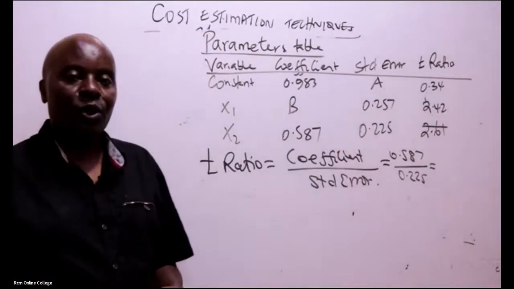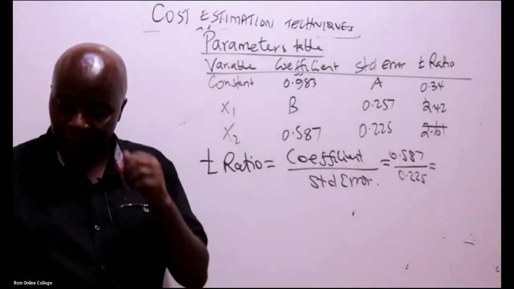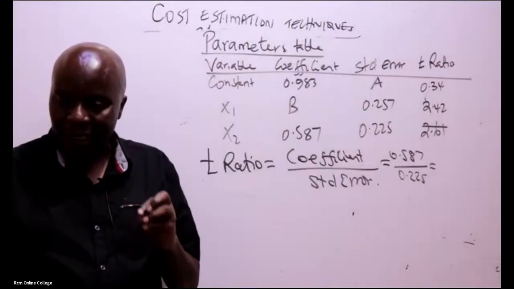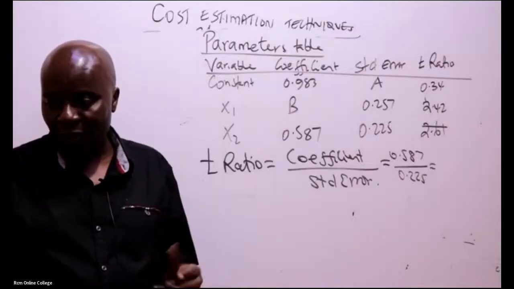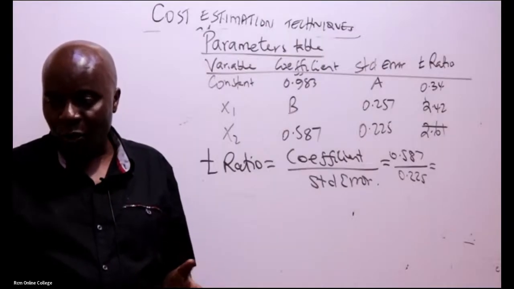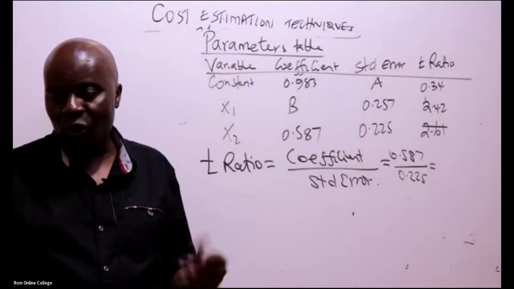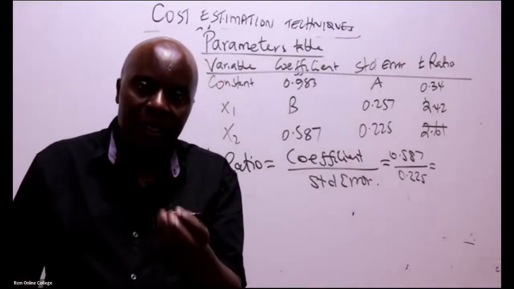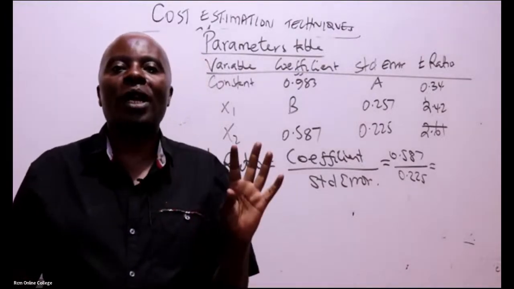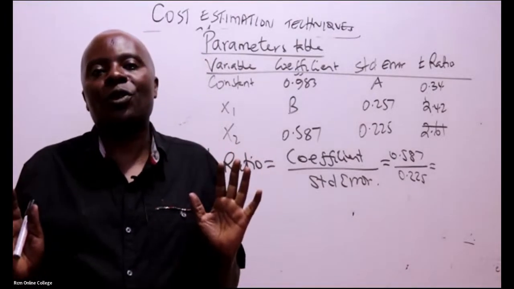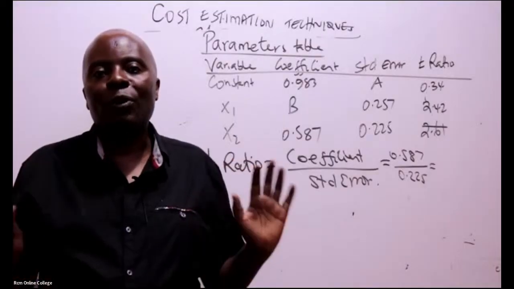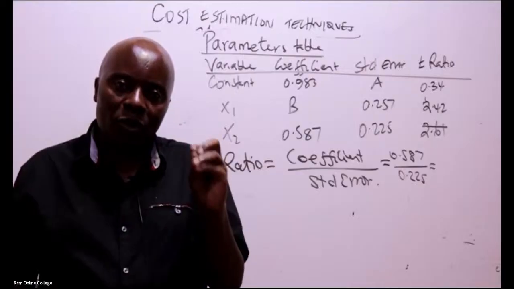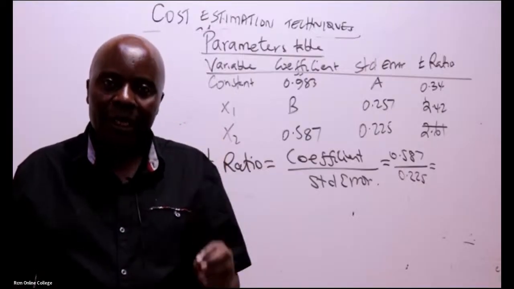It doesn't have to be exact, there are rounding off errors. 2.608, so it is 2.61, isn't it? So what I'm coming to sell to you here this evening, ladies and gentlemen, is a simple formula, and this is the bedrock of this multiple variable regression. To get the T ratio, you shall take the coefficient always divided by the standard error.